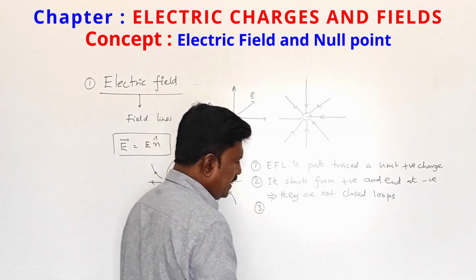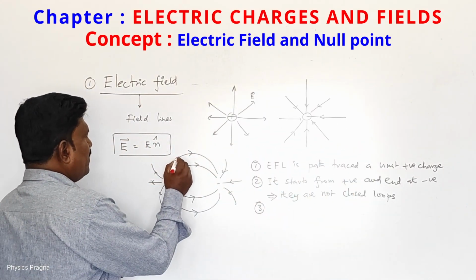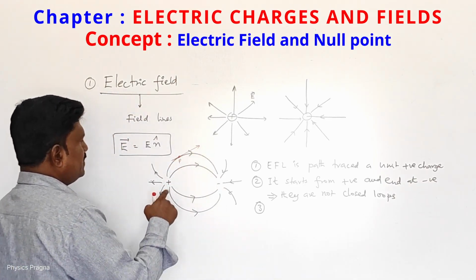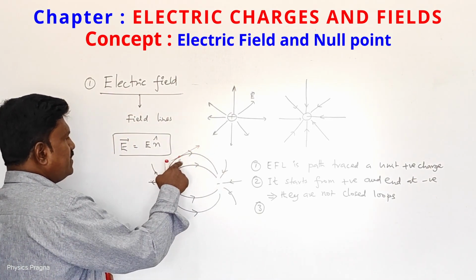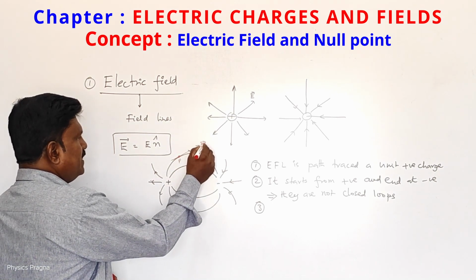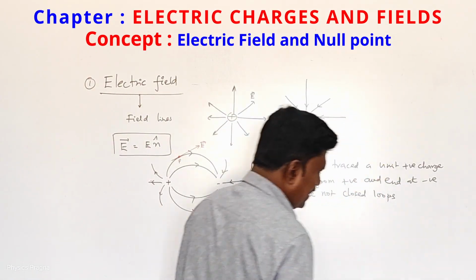Third point. If I take a point P and draw a tangent at this point to the field line, this will give the direction of the electric field.